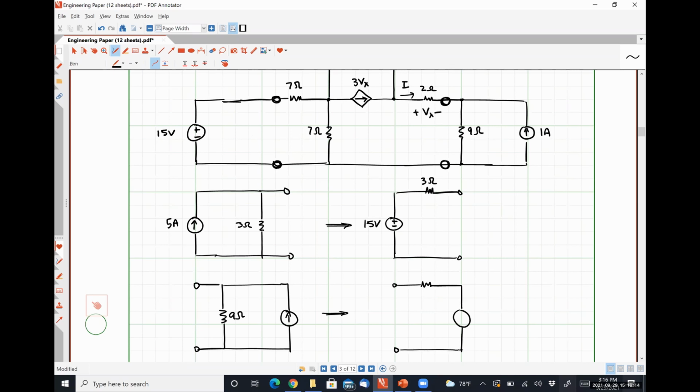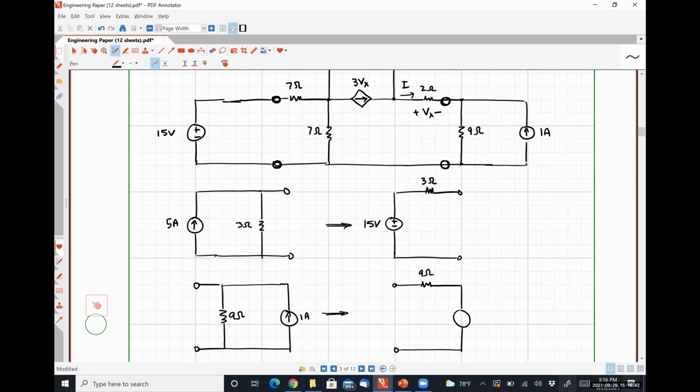I have a quick question for you guys, kind of conceptual. Does it matter if I switch the order of the 9 ohm resistor and the voltage source? Right now I have the 9 ohm resistor on top, and then the voltage source, whatever it happens to be, we'll talk about that in just a second, over on the right.